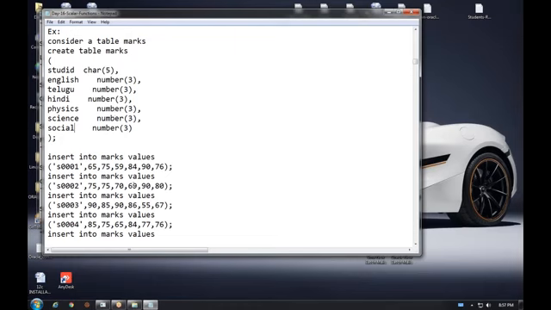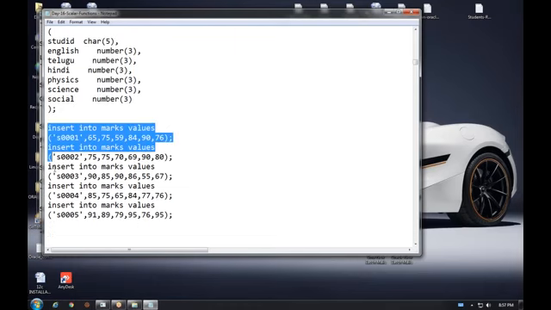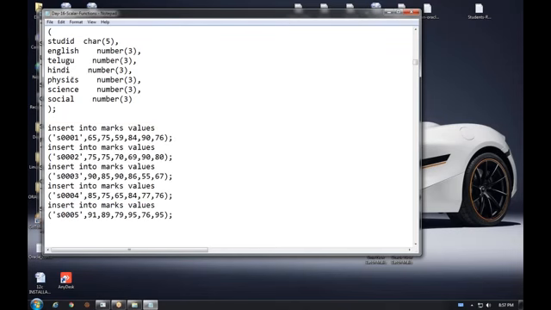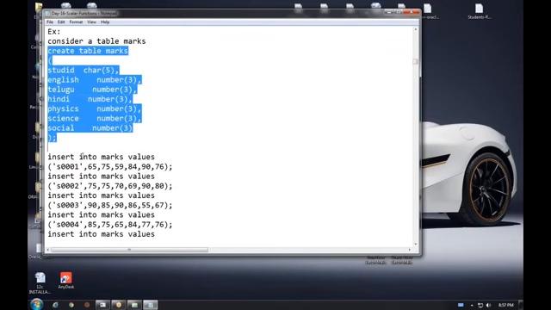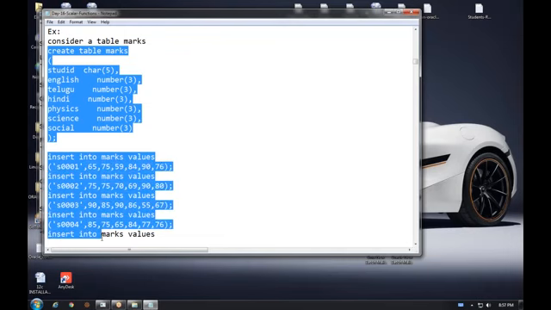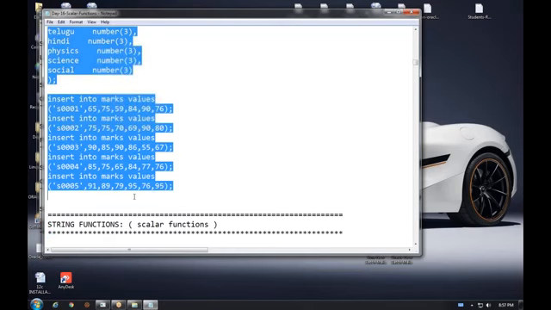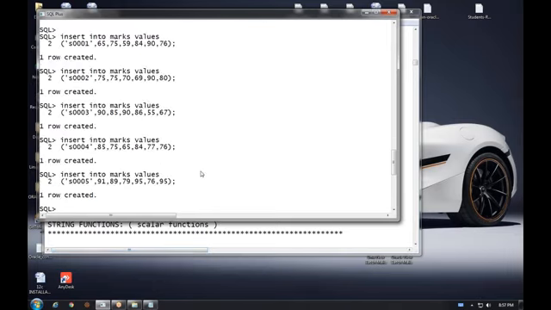So in each subject we have some marks. These are the marks. Let me create the table and also insert records. Select star from marks. This is the situation.